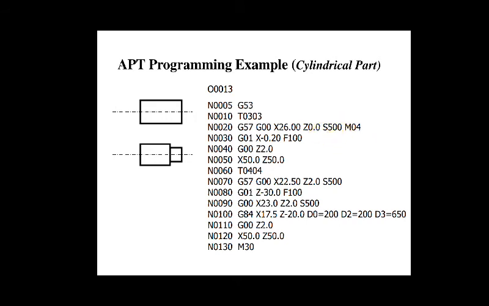Then in the third block, we perform the facing operation. In this block we have used G01 for linear interpolation, that is for cutting, and by giving the value X minus 0.20 we are going to perform a facing operation, with a feed rate of 100 mm per minute.